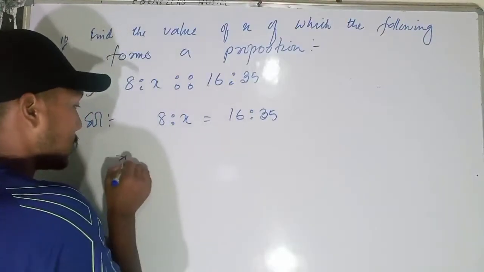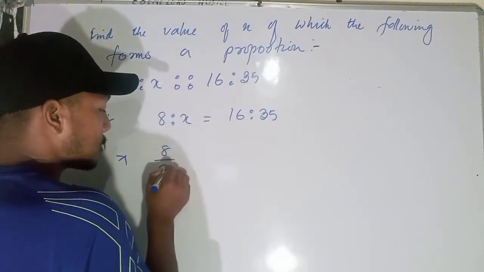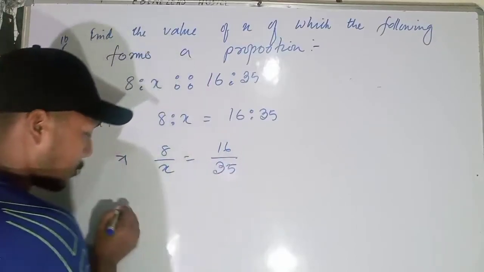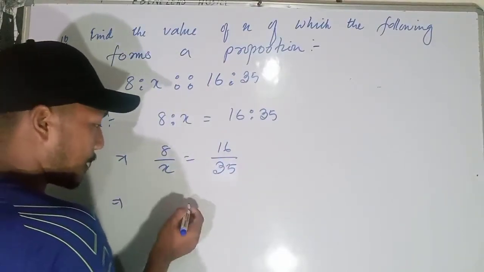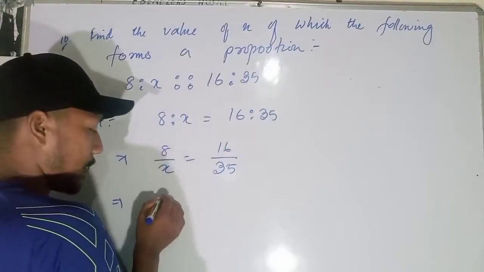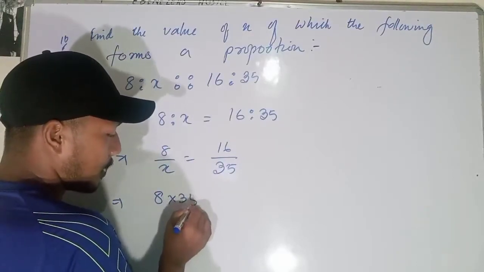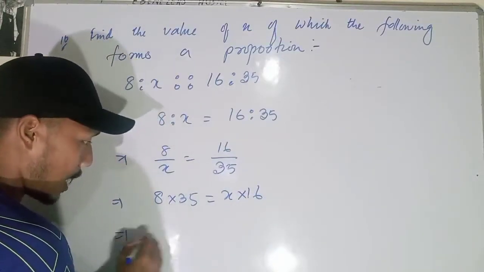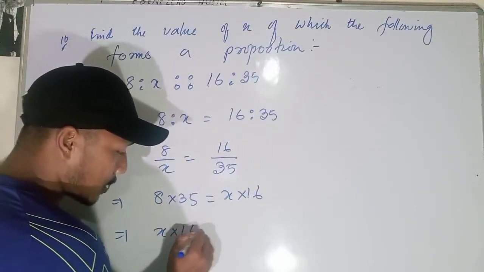So 8 by x will be equal to 16 by 35. I will do the cross multiplication. 8 will multiply with 35 and x will multiply with 16.